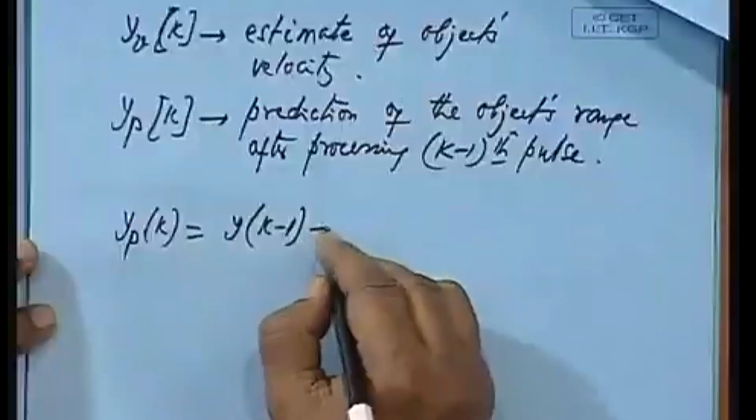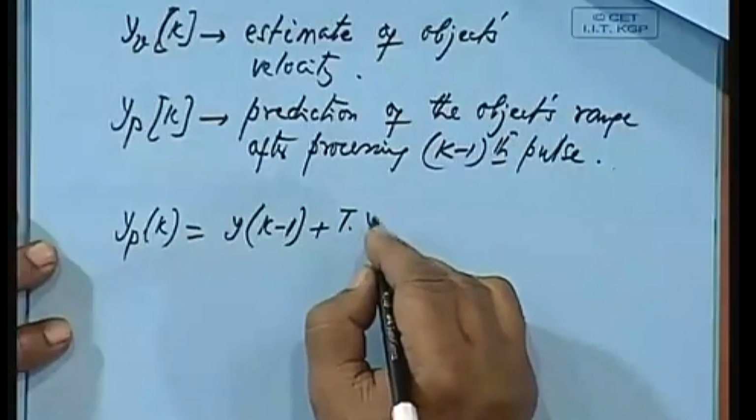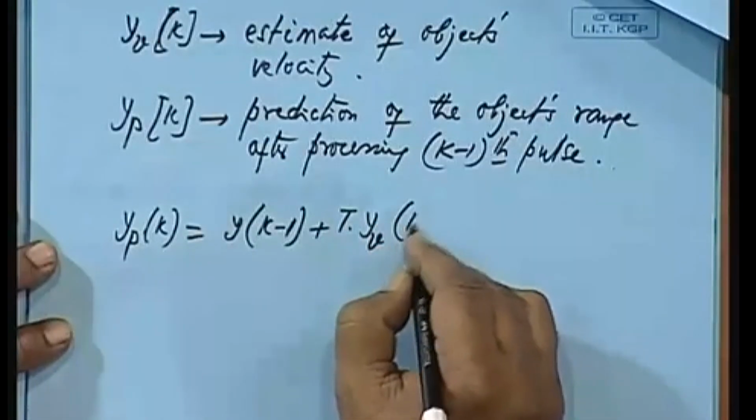If I have an estimate of its velocity, then velocity multiplied by that time gap, capital T, that we are considering, will be the additional increase in the range. So, T into yvk minus 1.